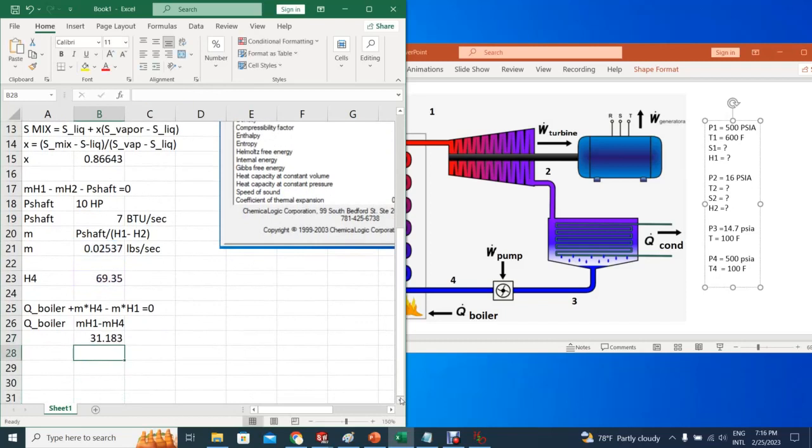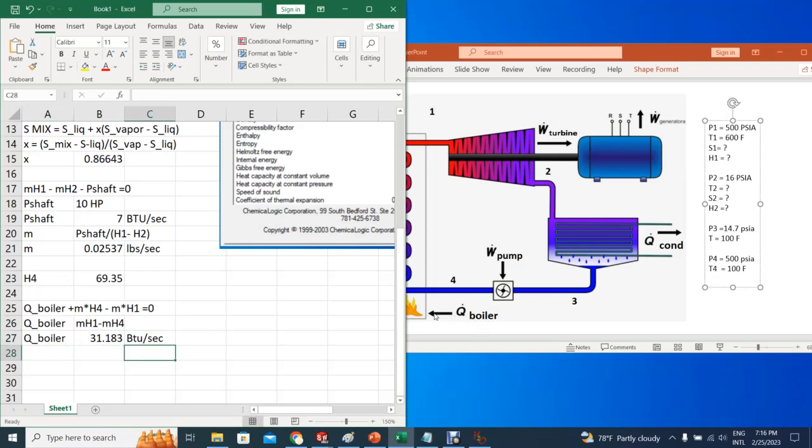Enter, and that would be the energy Q boiler in BTU per second. You see, that's the amount of energy that we need.